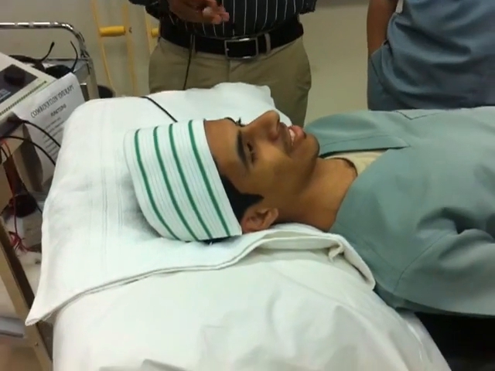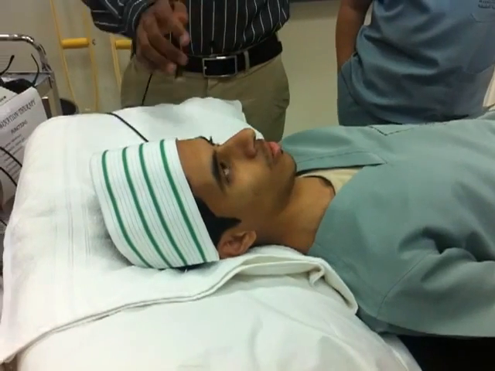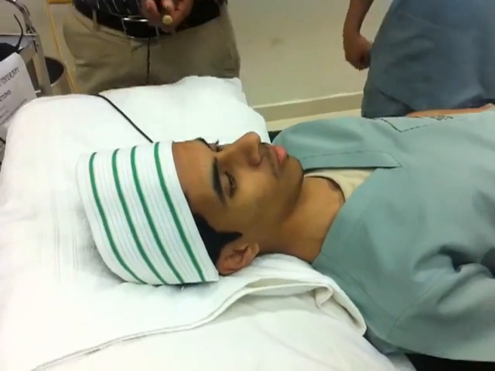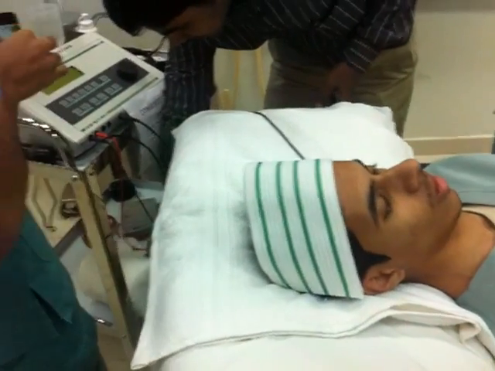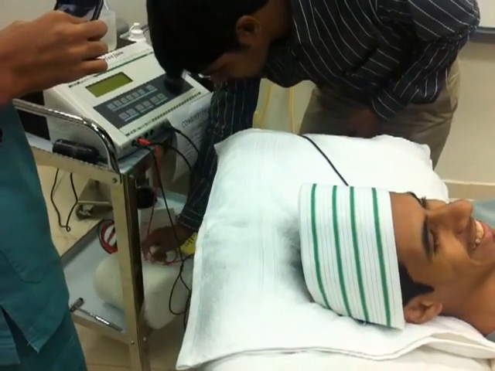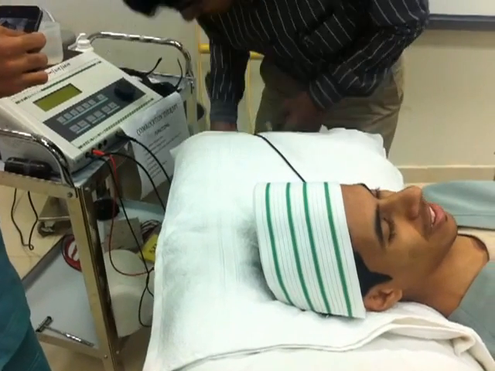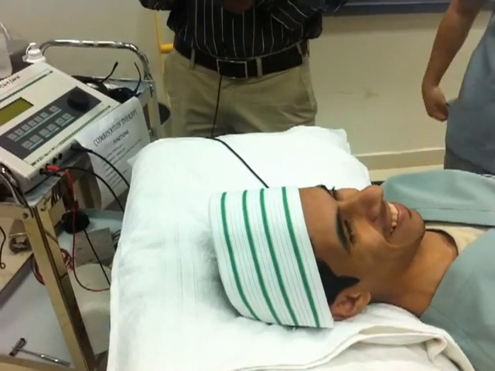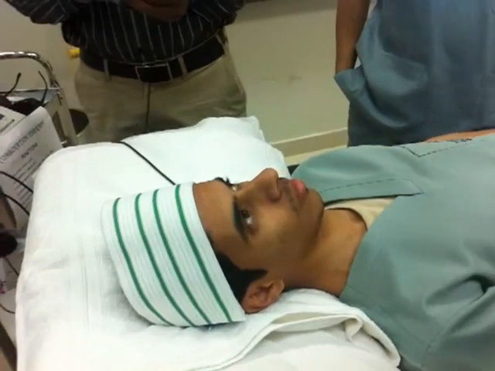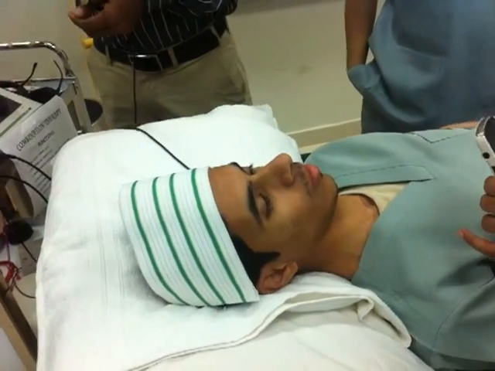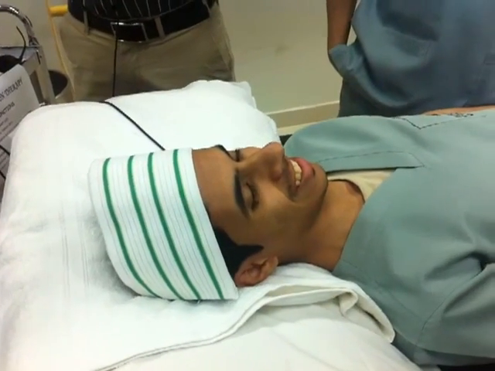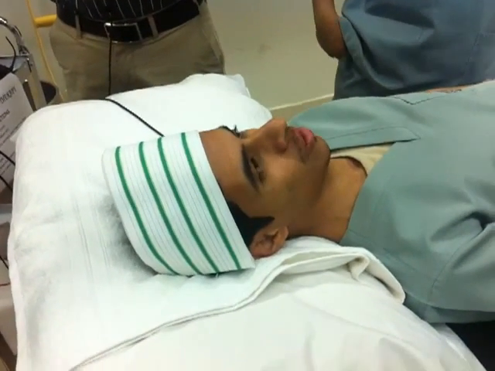So we are going to start stimulating the facial muscles one by one, from up to down. So what you have to do? Take a piece of gauze. Make the skin dry, clean the skin, to reduce the resistance of the skin.